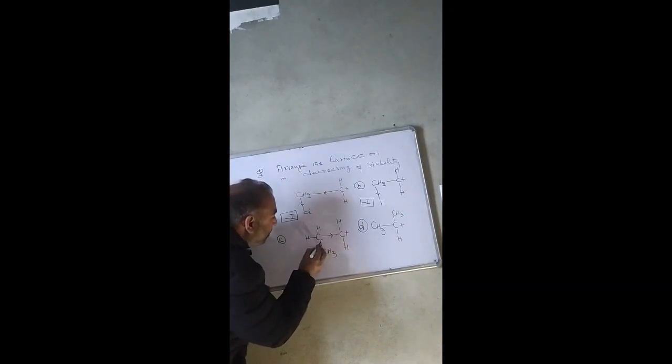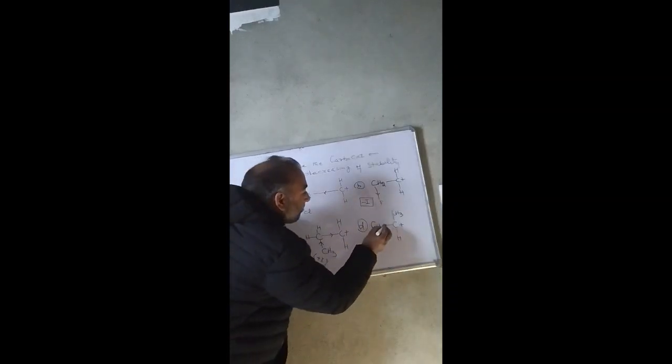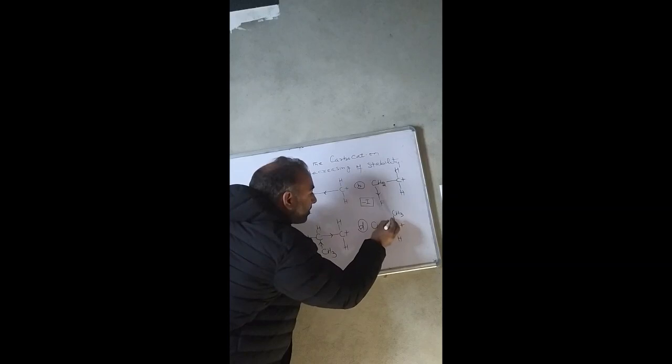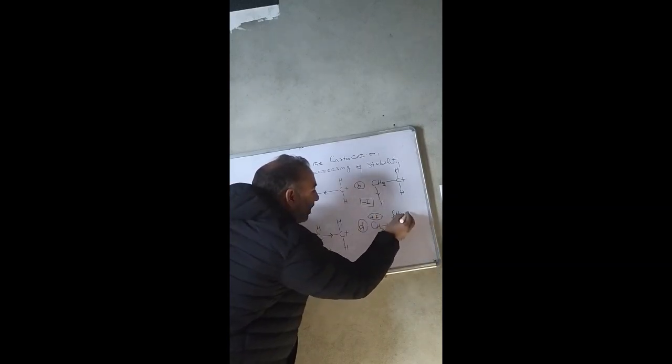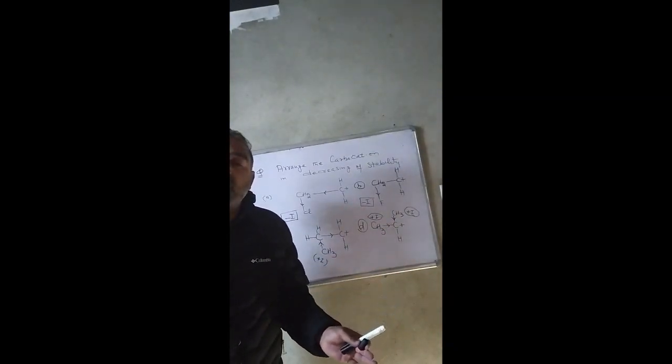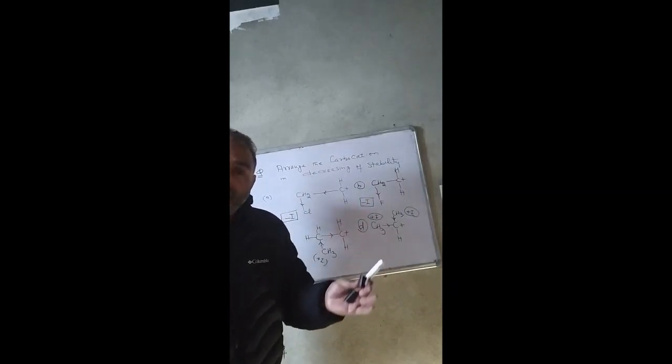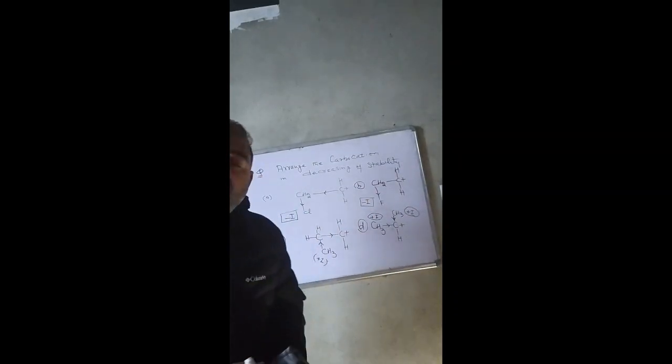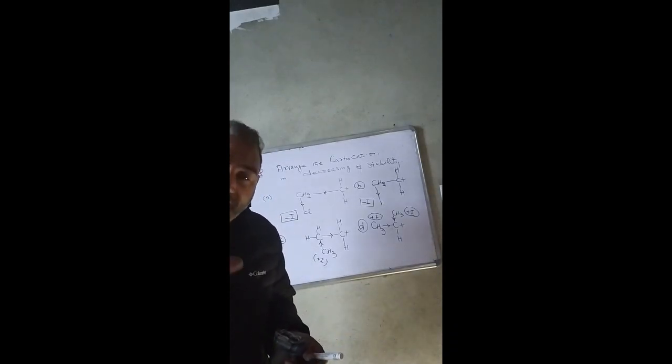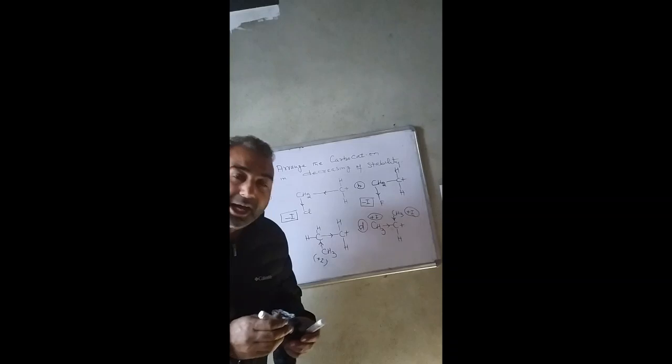This is ethyl group. It shows plus I. Here we have two methyl groups, plus I and plus I effects. So more the number of groups which show positive inductive effect, more stable will be the carbocation. So now we can easily predict the most stable carbocation.